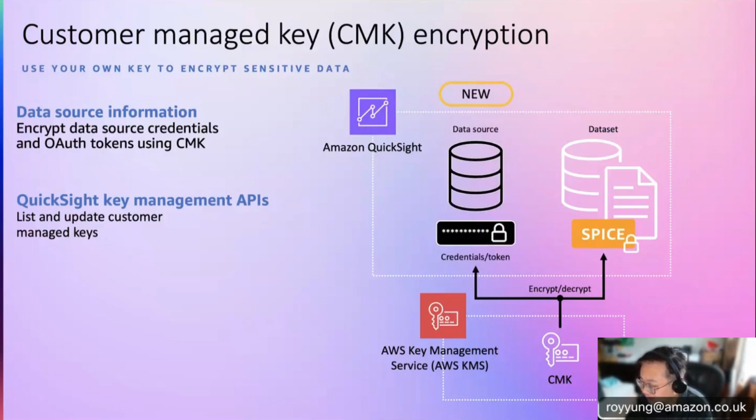The benefit of this CMK integration is that you can monitor the activity. Every time the dataset is refreshed, you will see that the key was being used. You can have an audit check log to see who has used the Spice data.